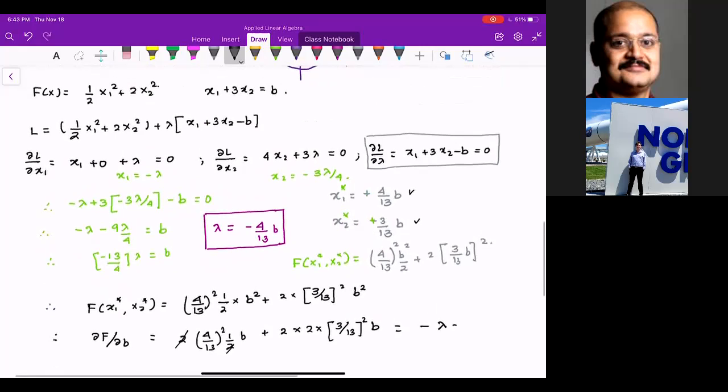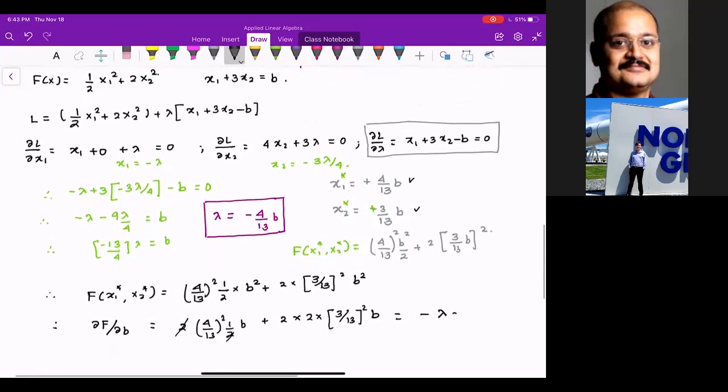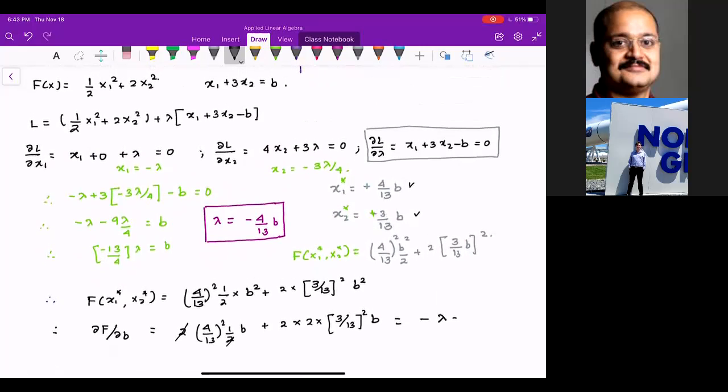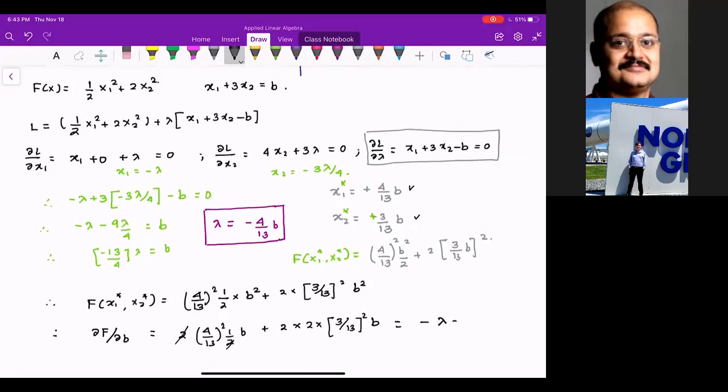No, the lambda value is not matching. What is the value of lambda? What lambda do you get? And then you divide by minus 2 by minus 9 by 4. Did I make a mistake somewhere here? Minus 4b by 13.